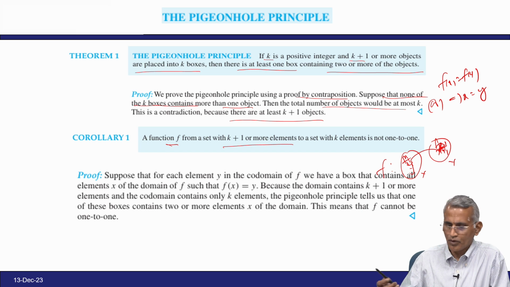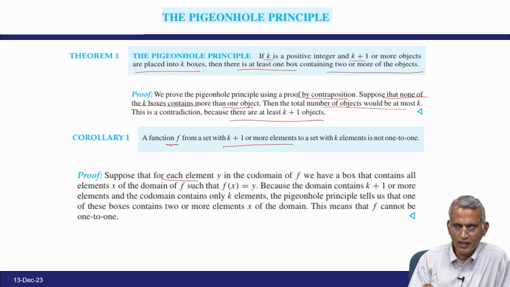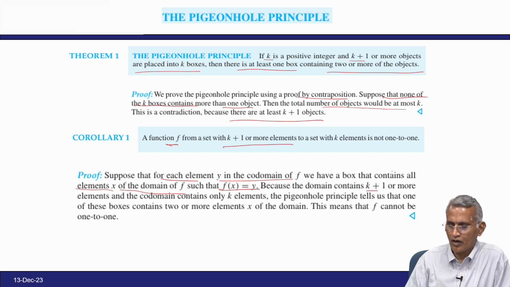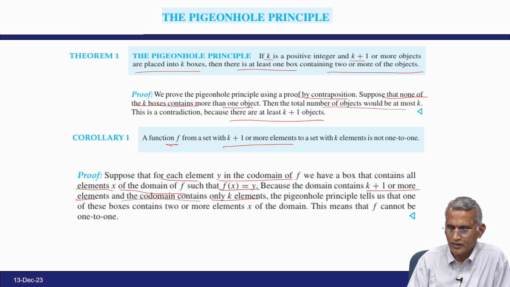Now, we have a proof corresponding to corollary 1, that is, for each element y in the codomain of f, we have a box containing all elements x of the domain of f such that f of x equal to y. Because the domain contains k plus 1 or more elements and the codomain contains only k elements, the pigeonhole principle tells us one of these boxes contains 2 or more elements x of the domain.